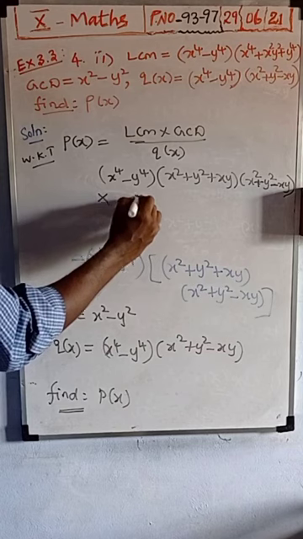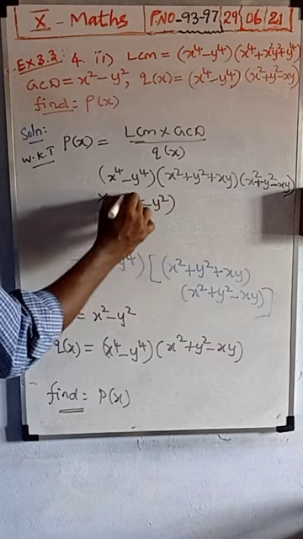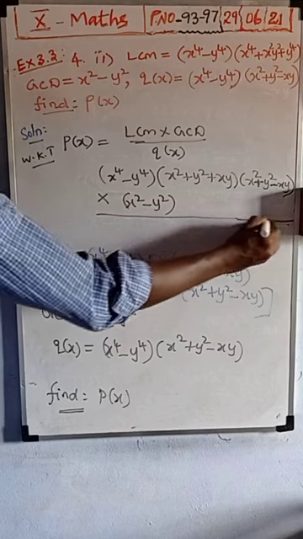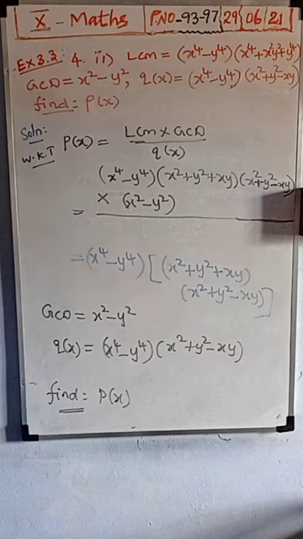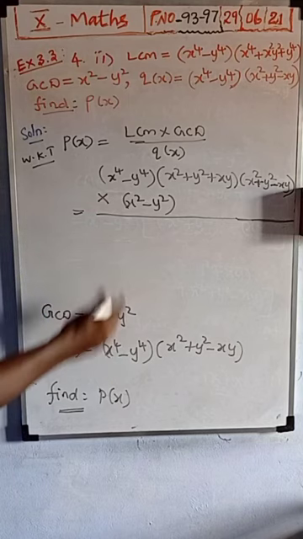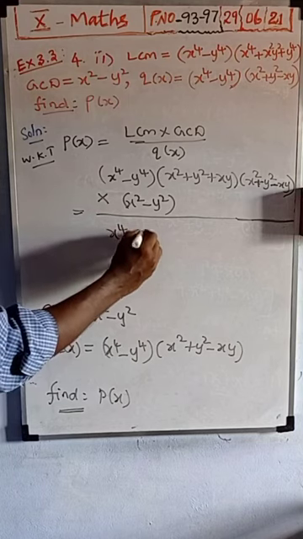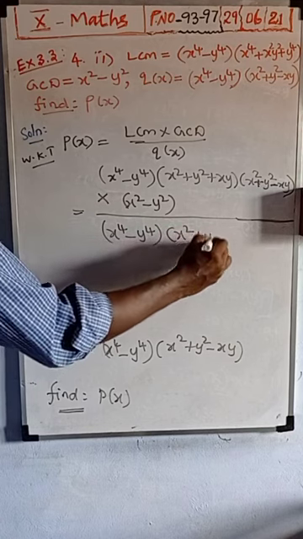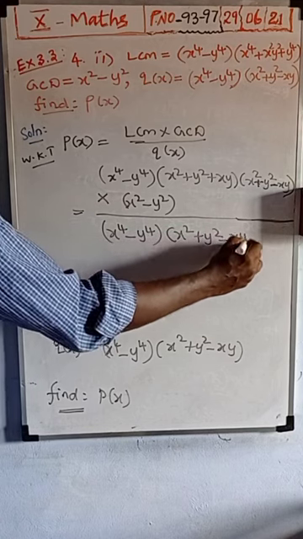GCD is x square minus y square, whole divided by q of x. Here q of x is x power 4 minus y power 4 into x square plus y square minus xy.